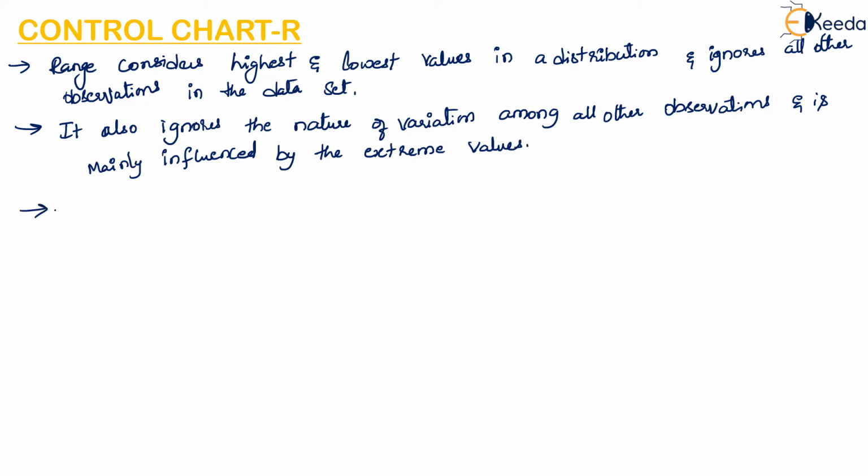So this range is measuring only two values. So the range can change significantly from one sample to the next sample in a given population.